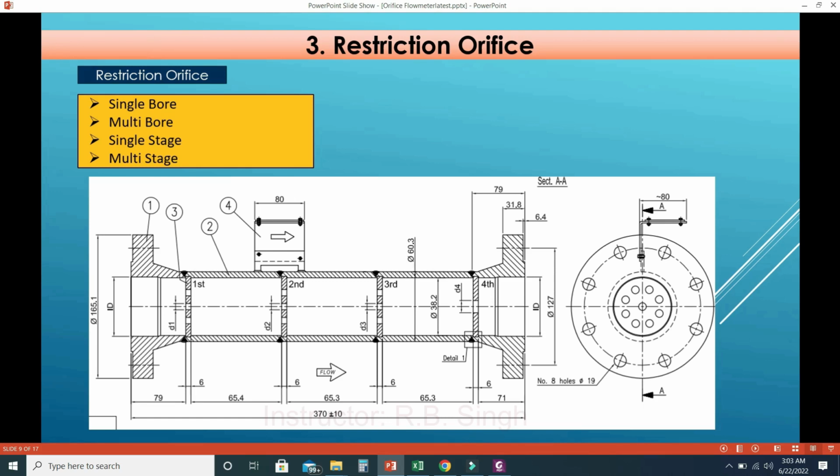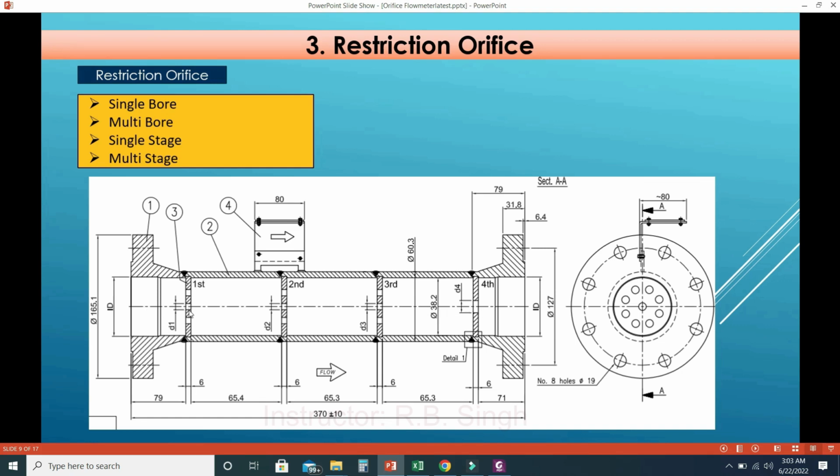In a multi-stage orifice there will be two or more orifice plates, and they could be either single or multi-bore. So this is called a restriction orifice, a multi-stage multi-bore restriction orifice assembly. Here you can see 1, 2, 3 and 4 orifices are used.